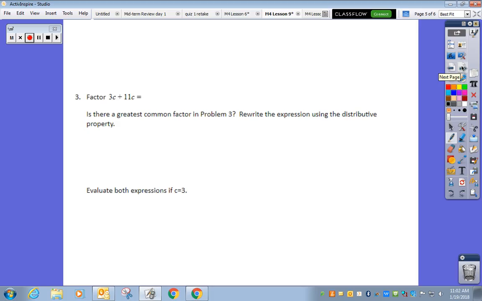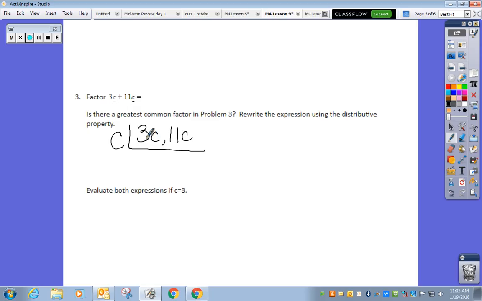Okay, so the next one is asking us to factor the expression. It's the same idea as the last example, except it's a little different because in both of these cases, we have the letter C. So when we go to do our ladder method, if you look at the numbers, 3 and 11 don't have a common factor. But since they both have a C attached to them, that would mean C is a common factor of those two numbers.